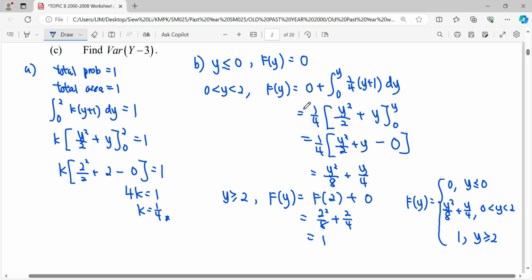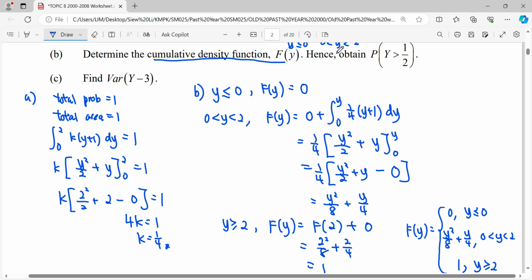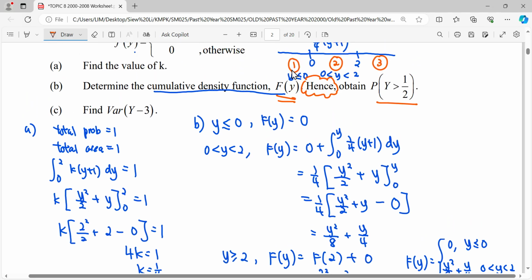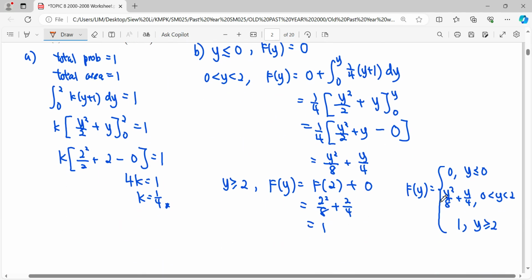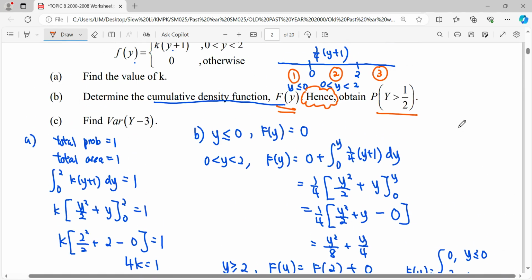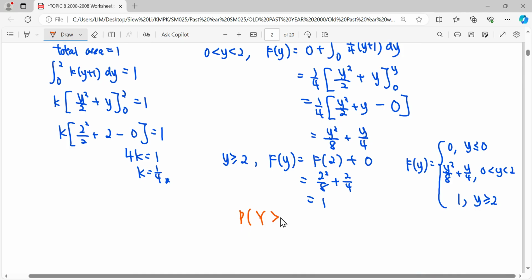Then for this question B, it continues with another part of the question with the term 'hence', which means we need to find this probability using the cumulative function. So we can't use the probability density function; we must use the cumulative function that we found. So to do it, the probability for y more than 1 over 2, finding using the cumulative function, will be 1 minus F(1 over 2).